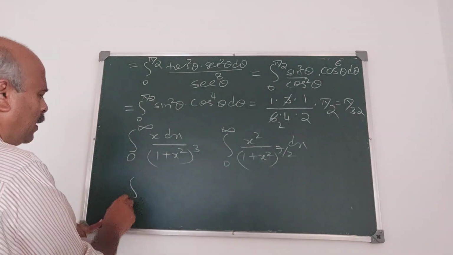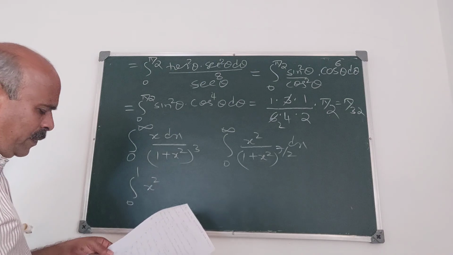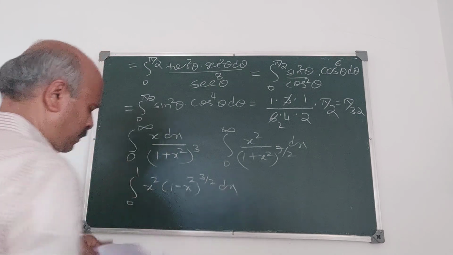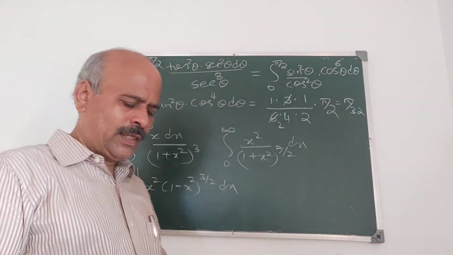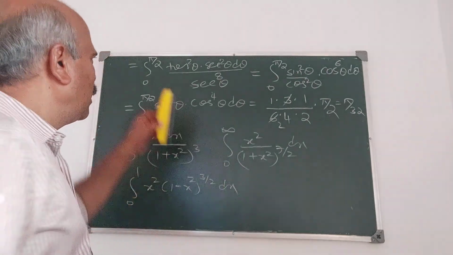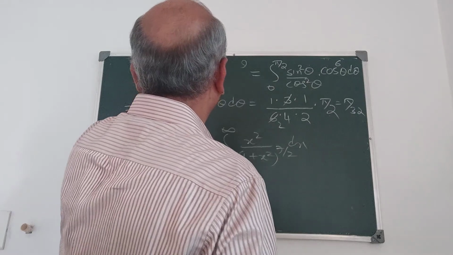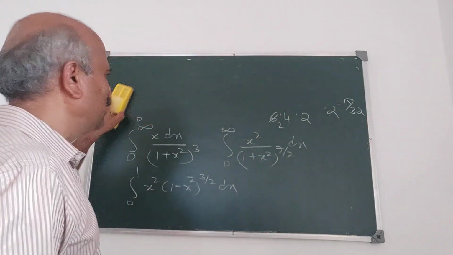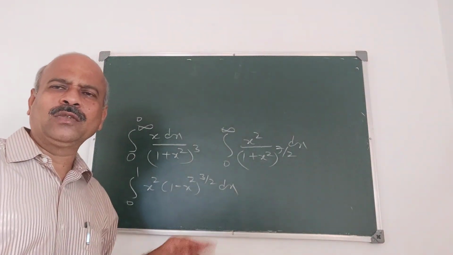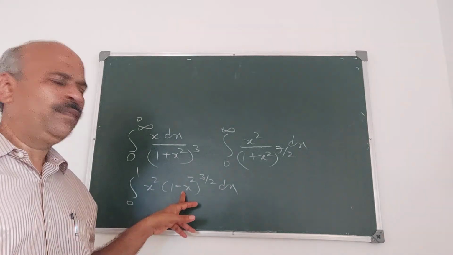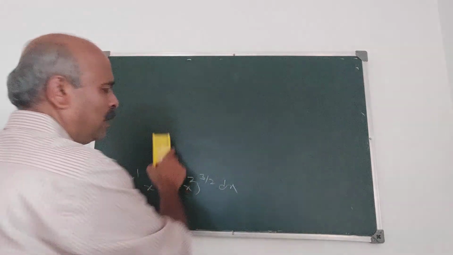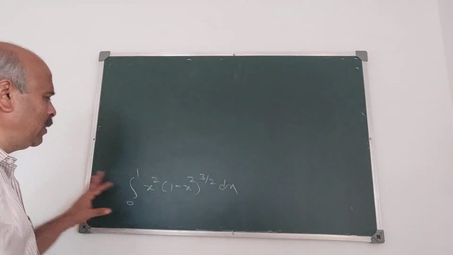Next is the integral from 0 to 1 of x square (1 minus x square) raised to 3 by 2 with respect to x. Now what is the substitution? Of course we reduce this integrand to sin x raised to p cos x raised to q form. X is sin theta, that is the substitution. I leave these two as exercise. Verify the answer in next period.